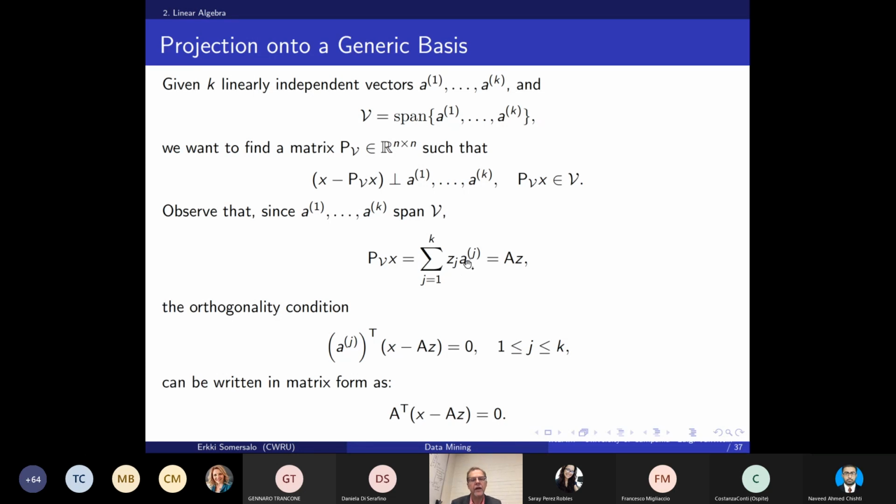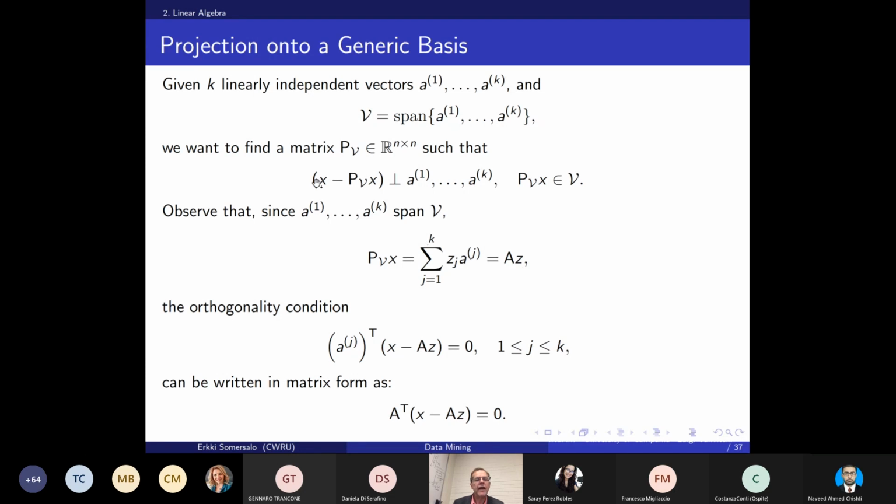And so if I collect my aj's as columns of a matrix A, then this linear combination of the columns is simply A times z. So you take the matrix A times a vector z where the coefficients are collected.